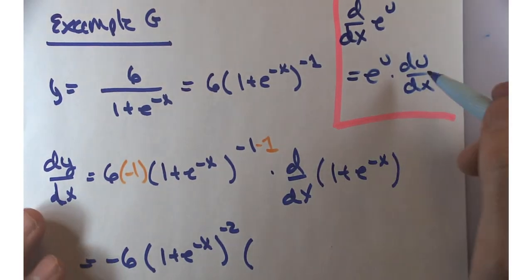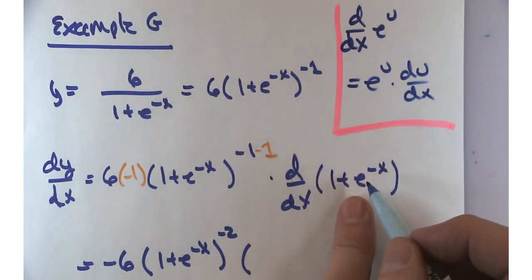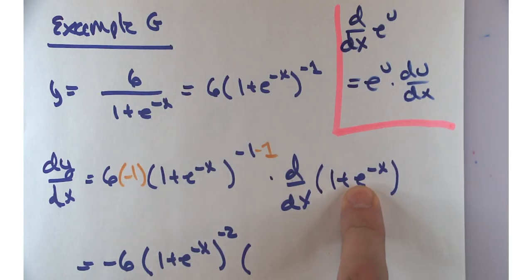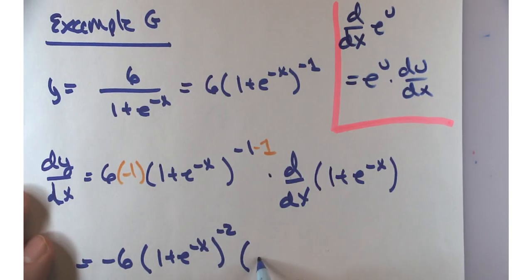So in our case, our exponent is negative x. What's the derivative of negative x with respect to x? Negative 1. So what you'll end up with is negative 1 e to the negative x.